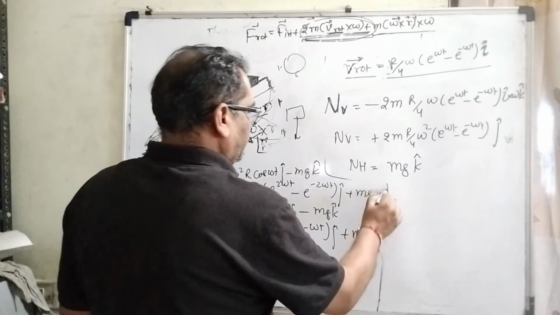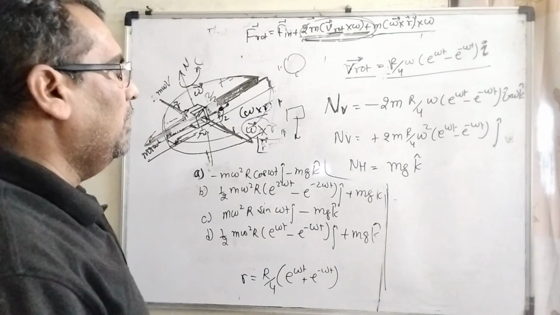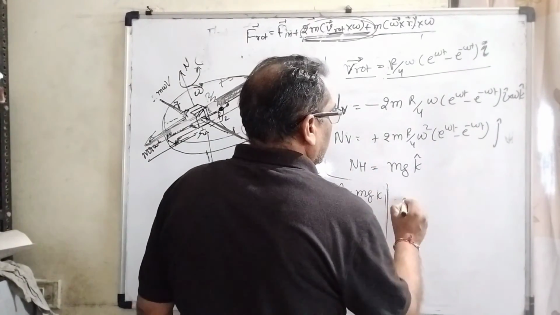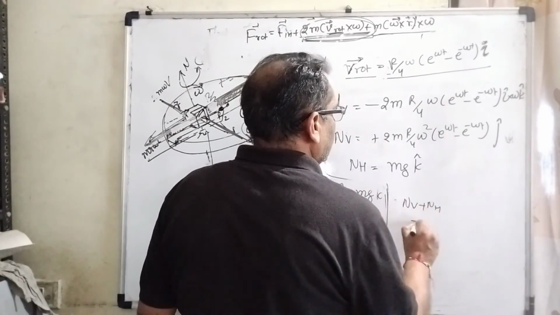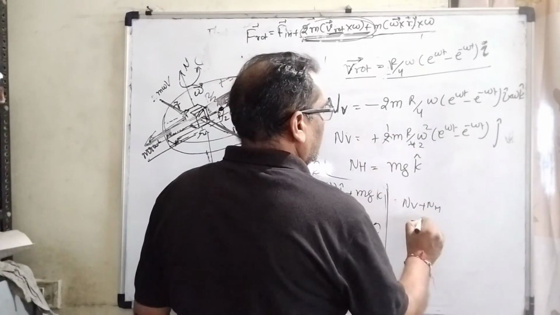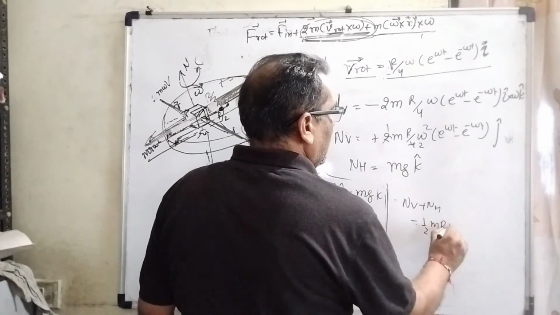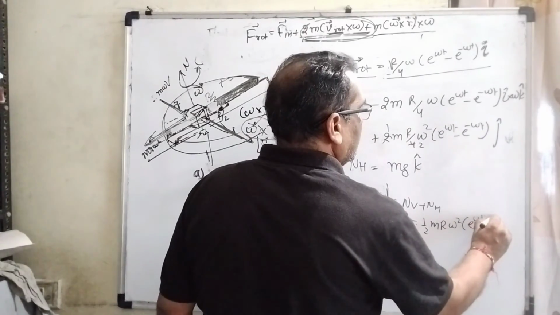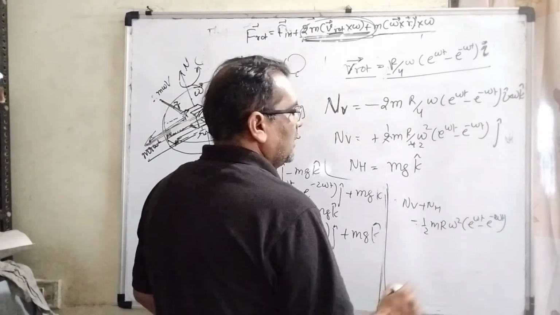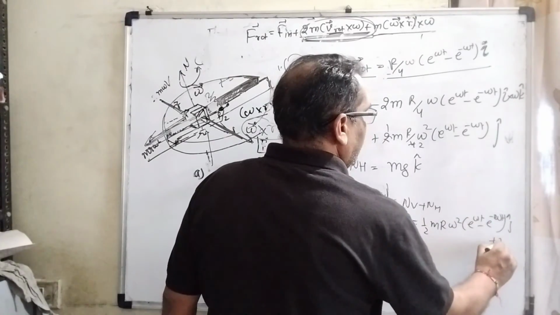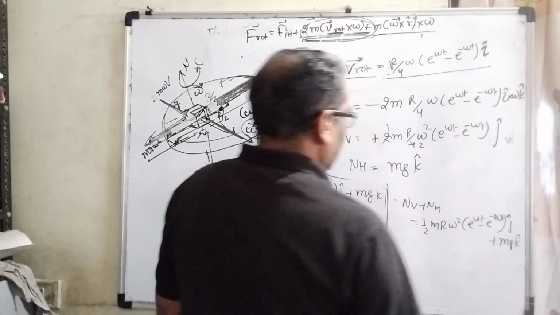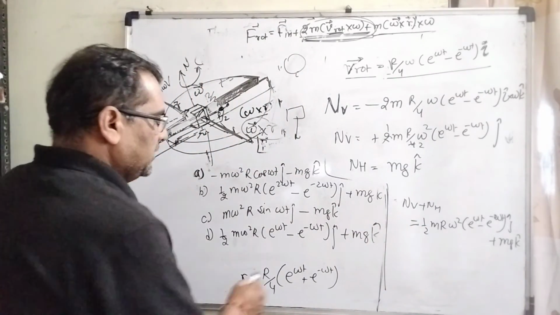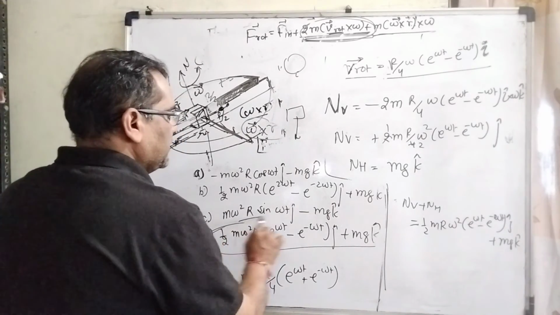Now the total force N_V plus N_H is 2 1s are 2, 2 2s are 4, 1 by 2 m r omega square e raised to power omega t minus e raised to power minus omega t j plus mg k. Now let's see which option is correct. Here you can see that option D is correct.